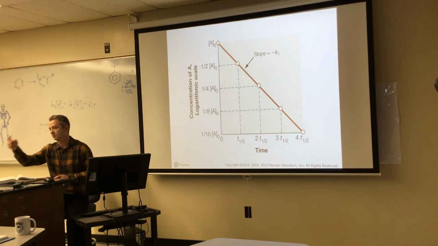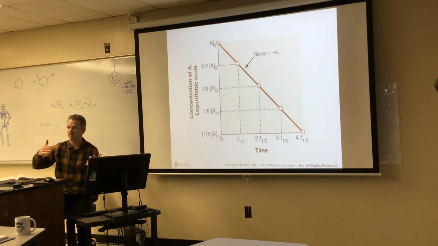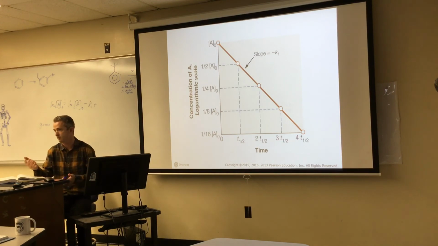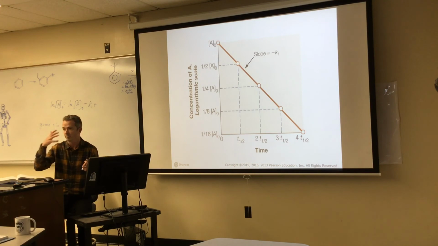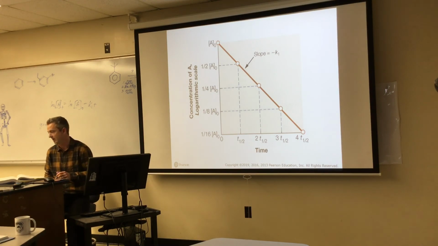Mechanisms are derived from reaction kinetic studies. It's not the other way around. It doesn't feed into it. There may be a theoretical mechanism that somebody proposes, but until reaction kinetics uphold that particular mechanism, it hasn't essentially been proven yet.